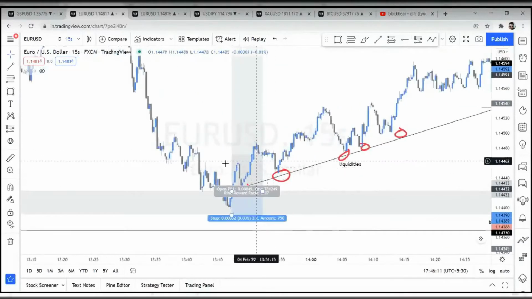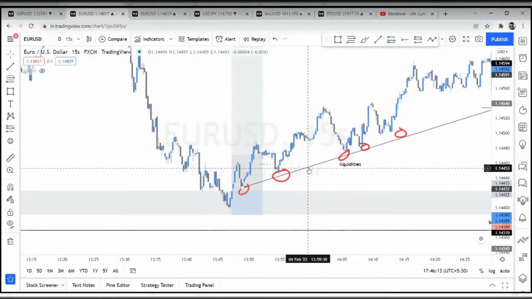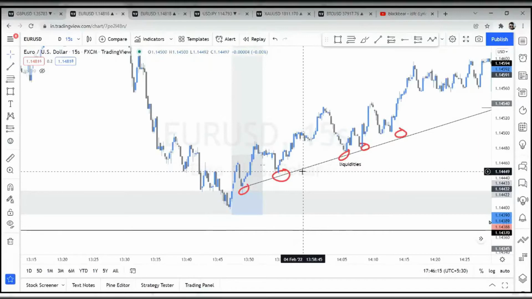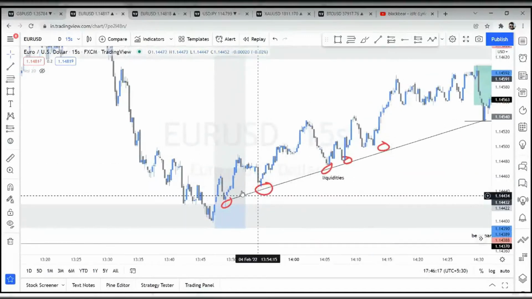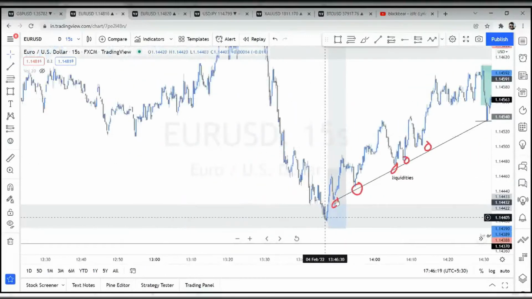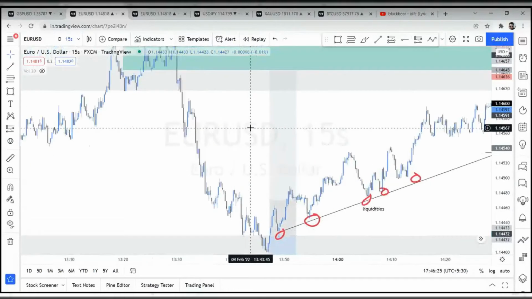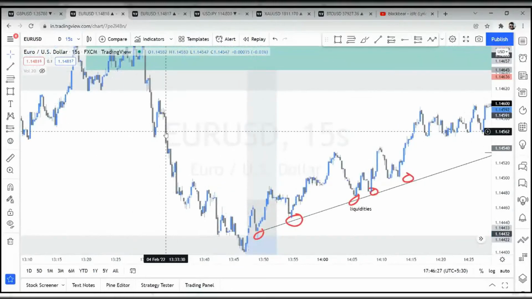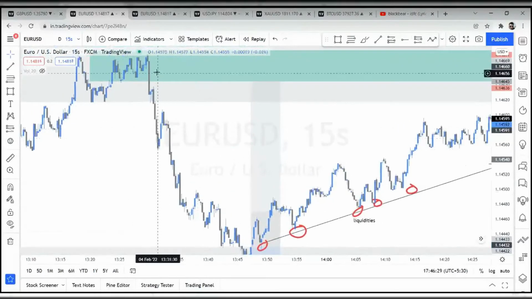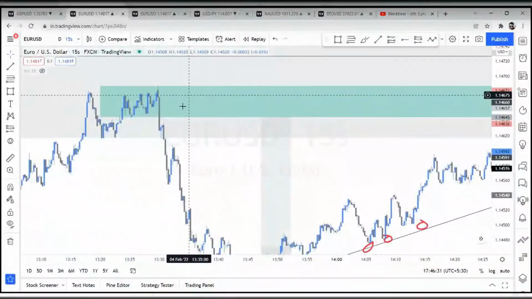So that entry confirmation is something else that we will not be discussing here, but the idea, the bias of buying this was because of the imbalance that was left here. Even on the small time frame on 15 seconds, you see imbalance here, here, imbalance here. So price could come all the way here.